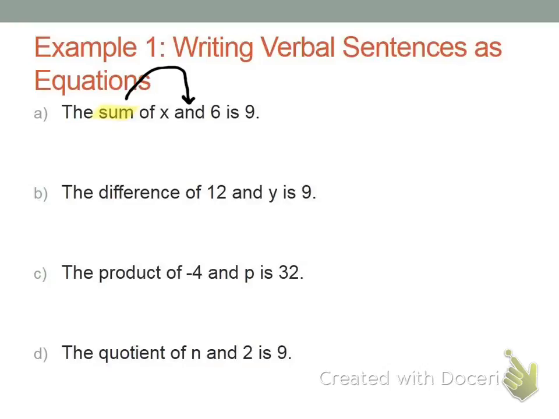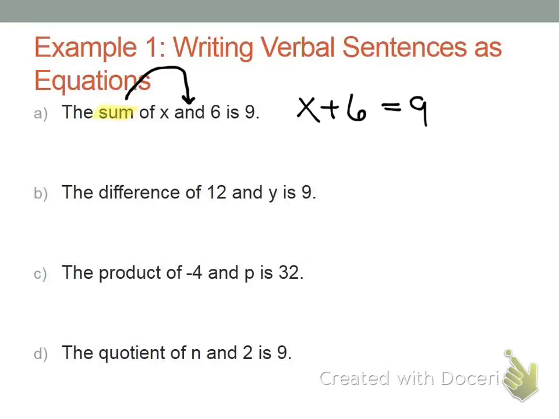So the sum of x and 6 is 9. When you write this equation, you must write it with the variable. You say, well, Miss Kinder, I already know the answer. That's fine. You're solving these using mental math, but I need to first see an equation that includes the variable. All right, we'll go back and solve them in just a minute.